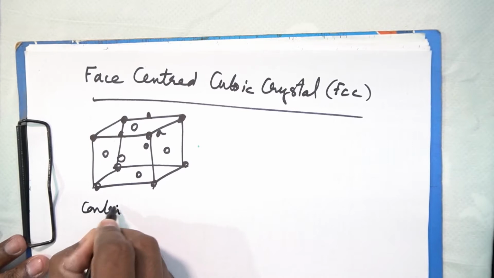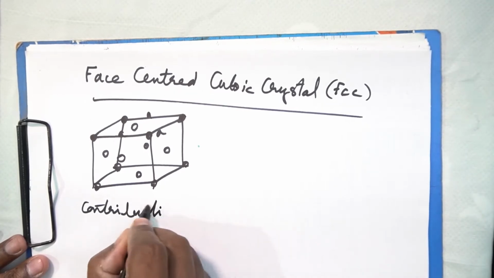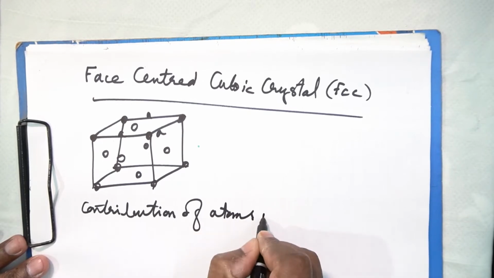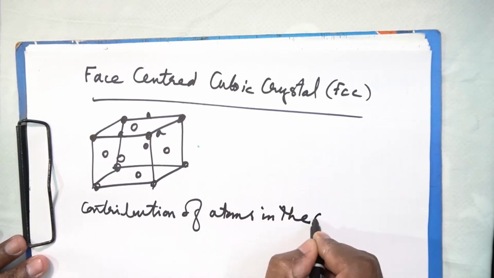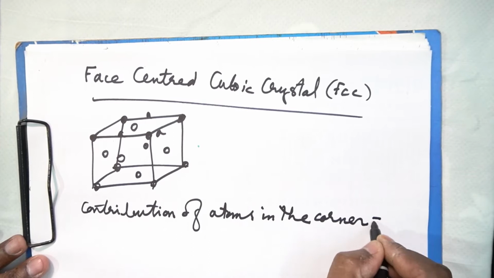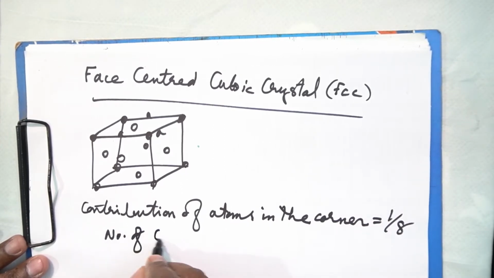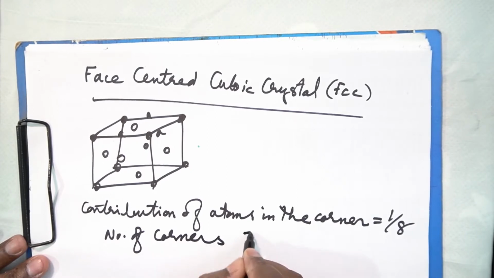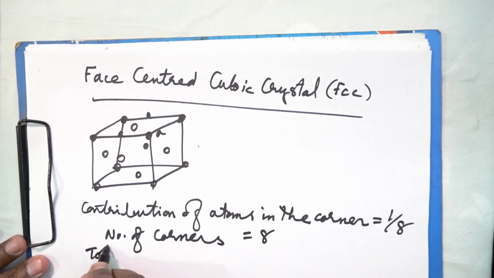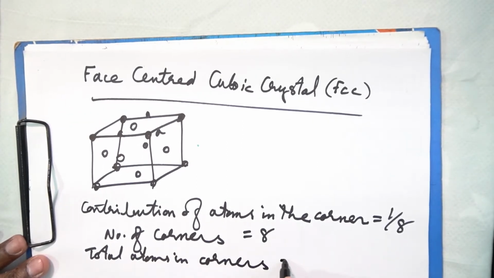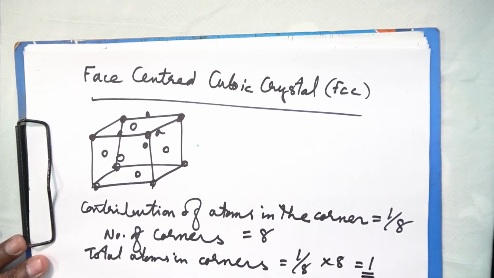So the contribution of atoms in the corner is equal to 1/8, and the number of corners is equal to 8. So total atoms in corners is equal to 1/8 into 8 is equal to 1 atom.